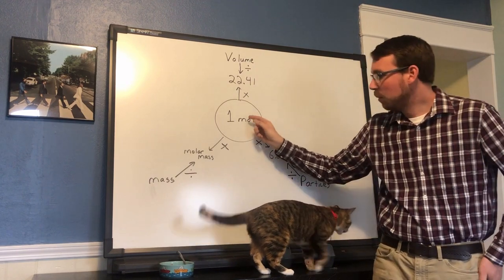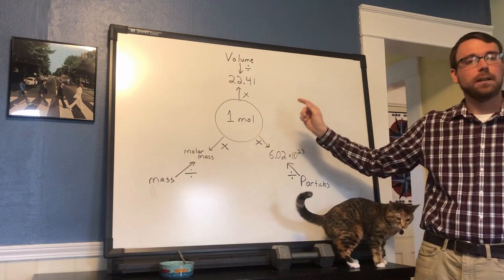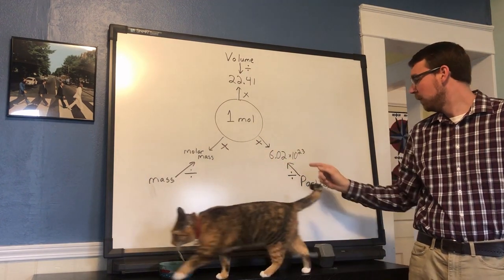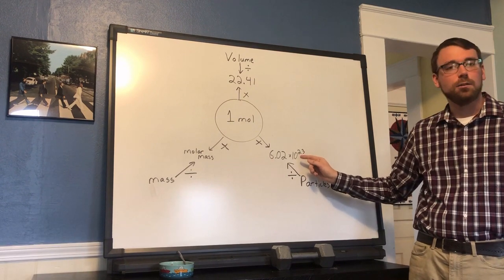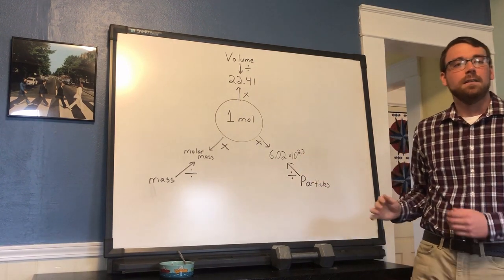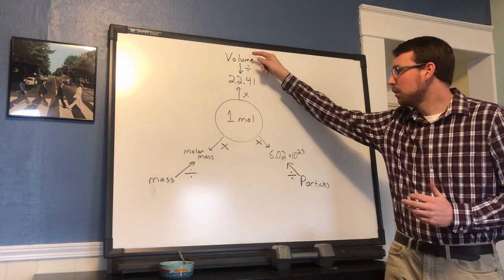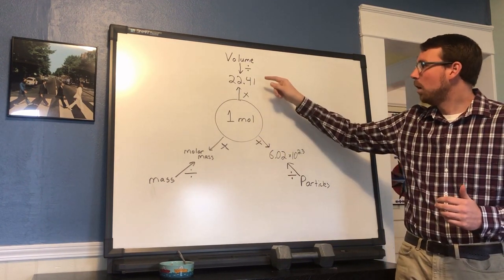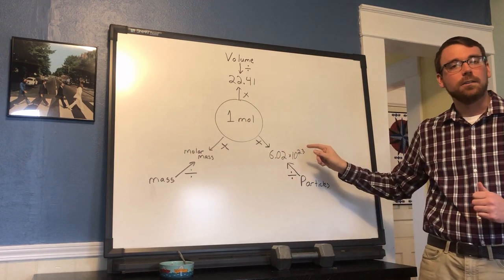If we're trying to go from moles to mass, we will multiply by the molar mass. If we are trying to go moles to particles, we will multiply by 6.02 times 10 to 23rd. The opposite is true if we want to go from an outer unit to the mole. We will always be dividing by that conversion factor.